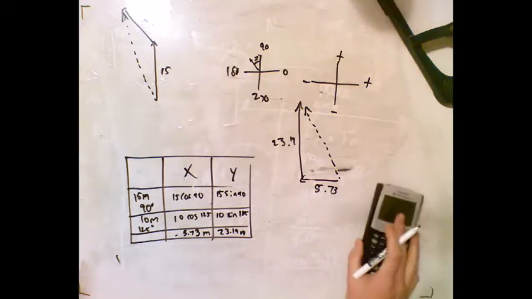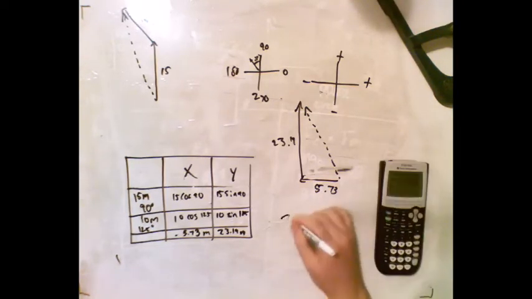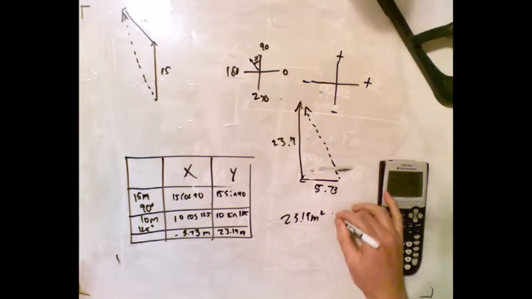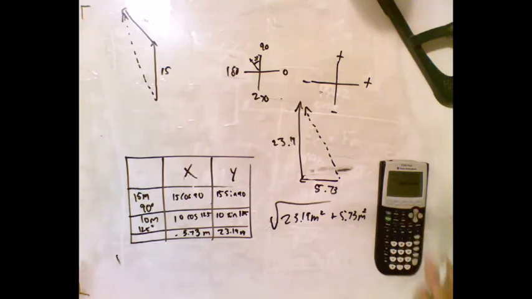It's just asking for magnitude, so I just have to go 23.19 meters squared plus 5.73 meters squared, all square rooted. Get rid of my negative sign in there. Don't put negatives, that just gives us direction.